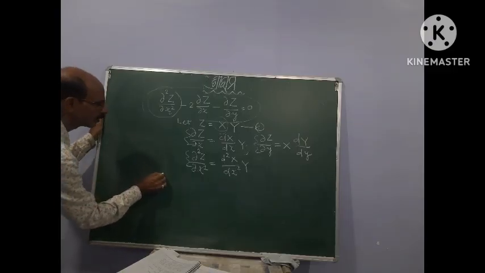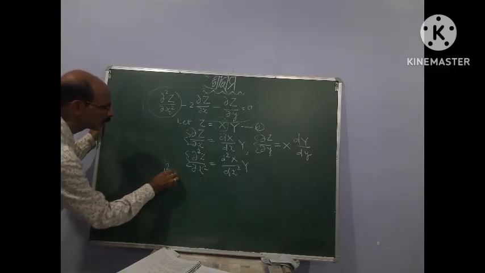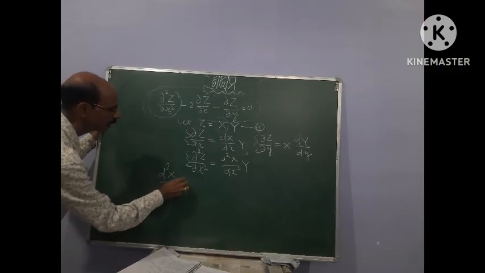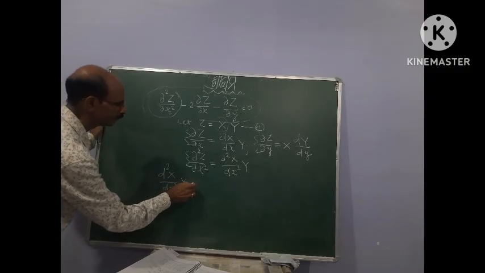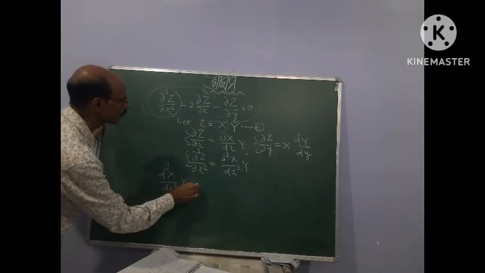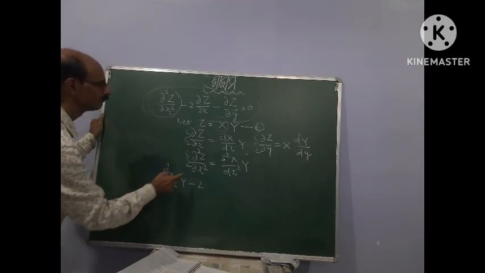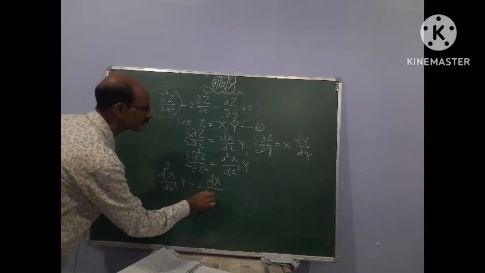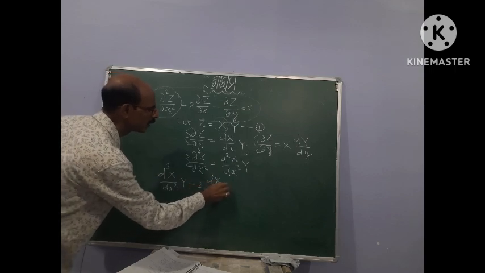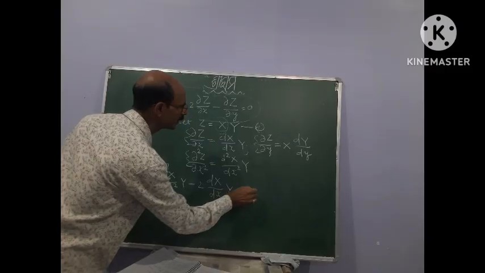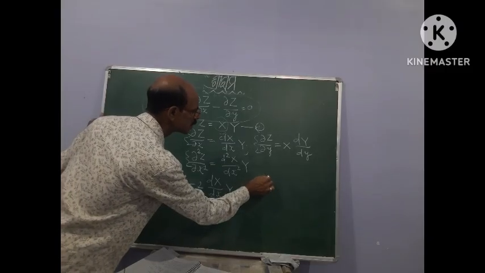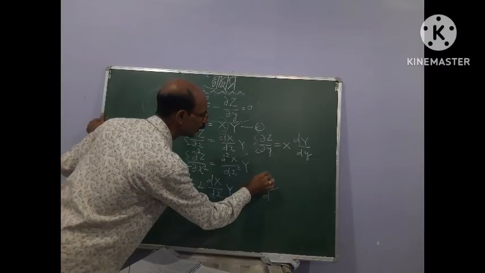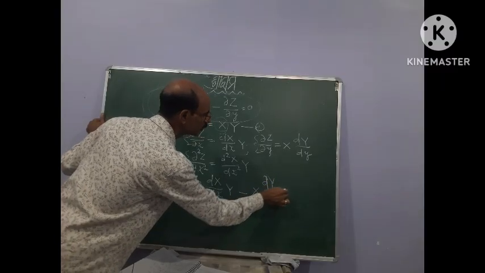Then we will obtain d square X by dx square Y minus 2 into this dX/dx Y minus X dY/dy is equal to 0.